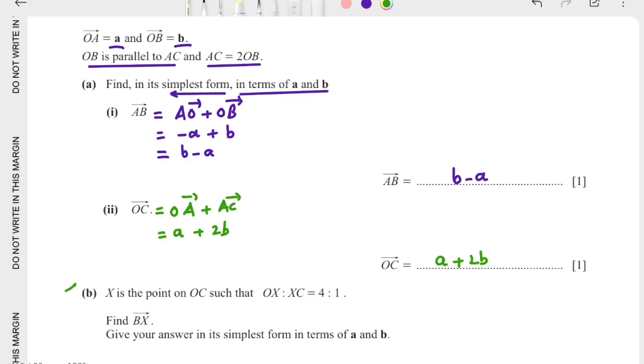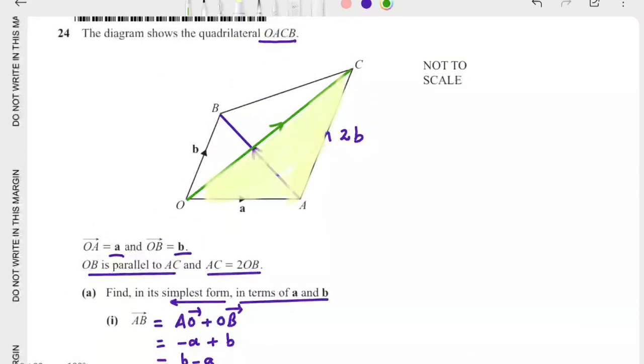Now part B. X is a point on OC such that the ratio of OX to XC is 4:1. Find BX. Give your answer in its simplest form in terms of A and B. Students, just look back at the diagram.